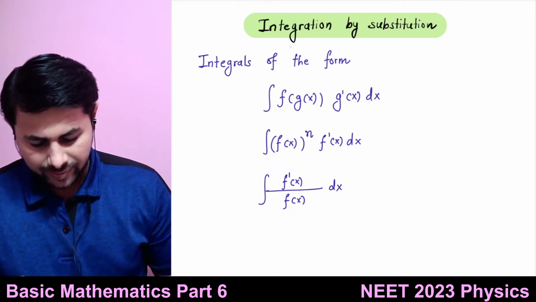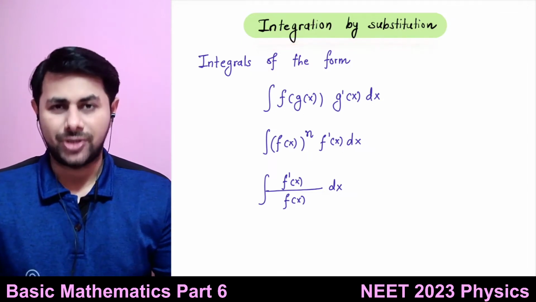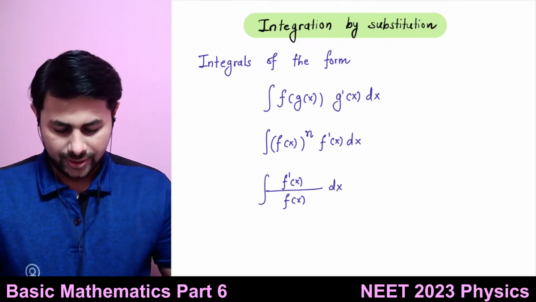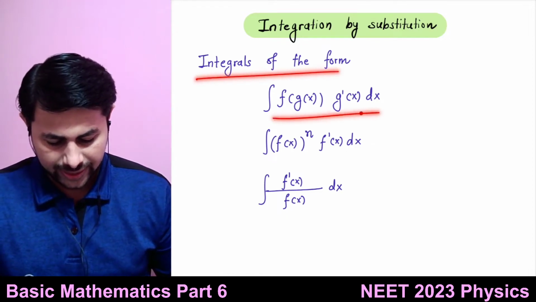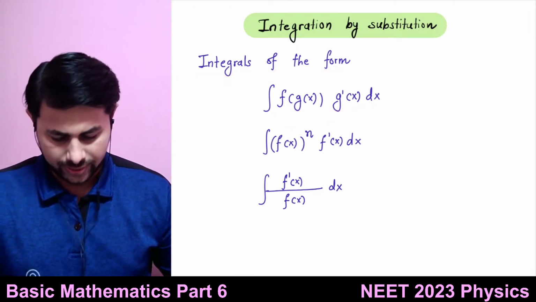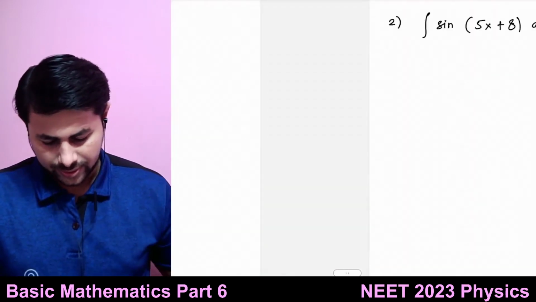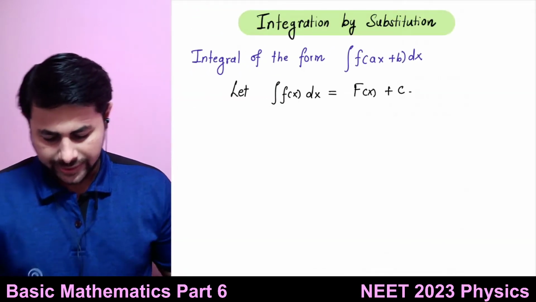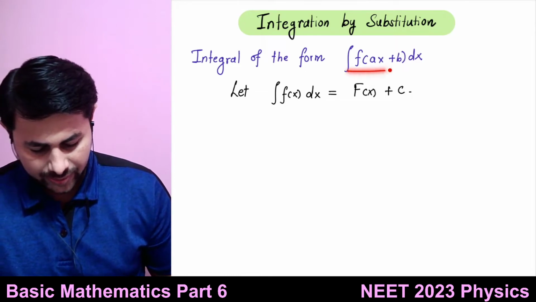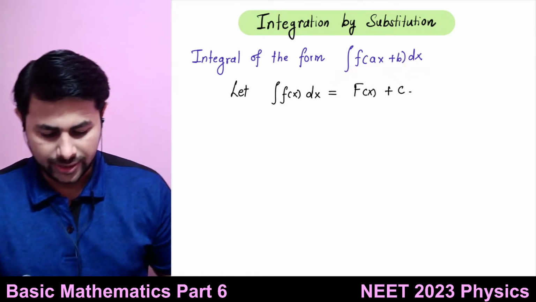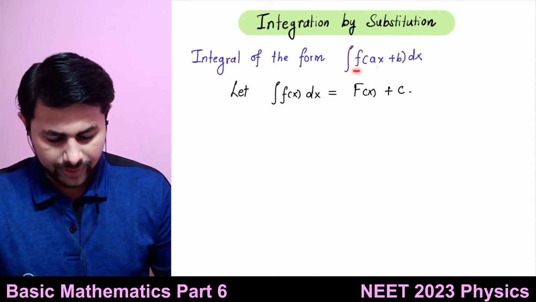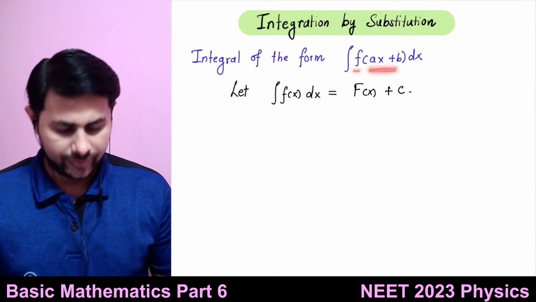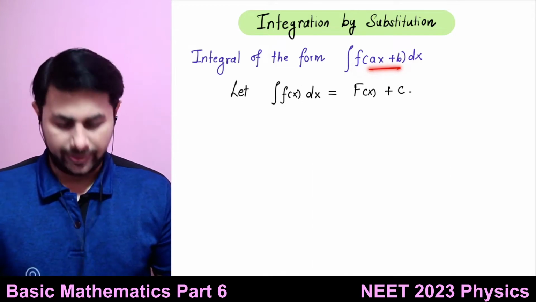So first of them is integration by substitution. For an example, let's say we have an integral of this kind of form, where we have an integral of some function of a polynomial, ax plus b, let's say.